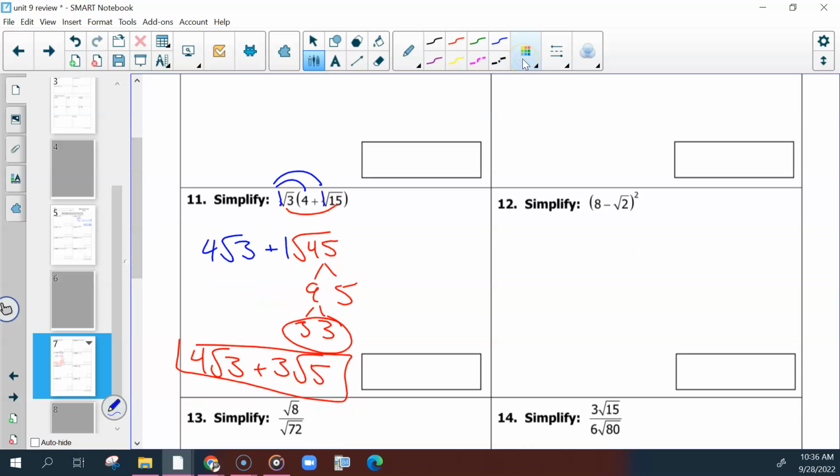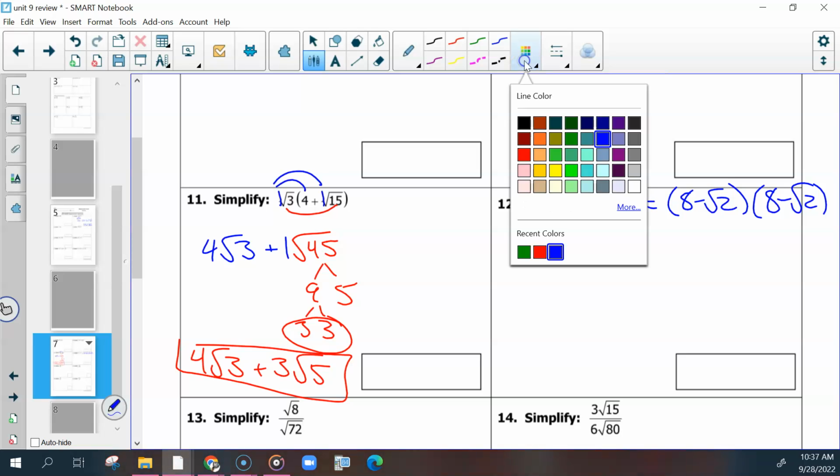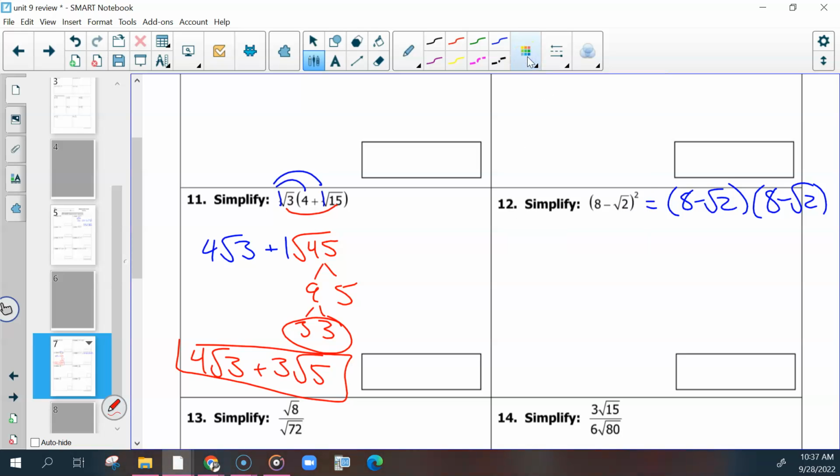So something like this, you would have to know that anything squared is itself times itself. So this is the same thing as 8 minus the square root of 2 times 8 minus the square root of 2. Then it's very similar to where we have to distribute everything twice. So we would rewrite it first.